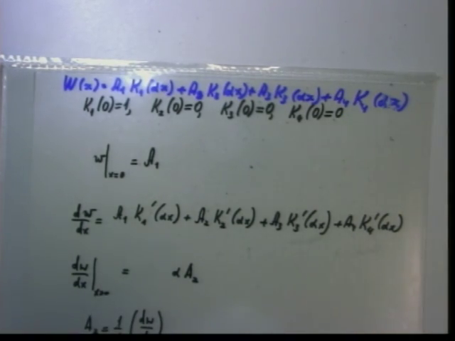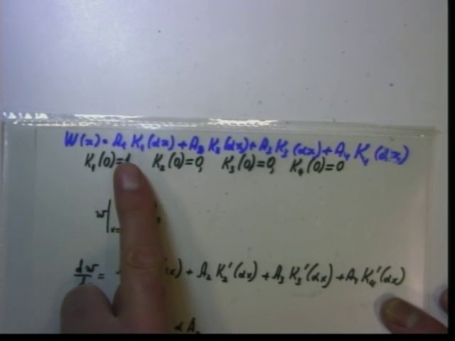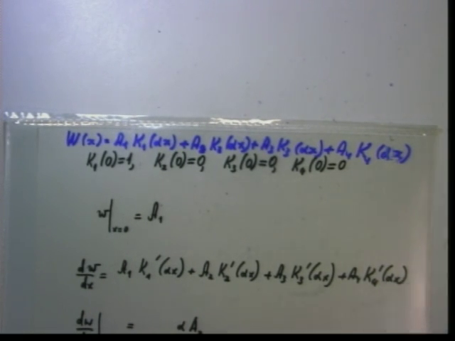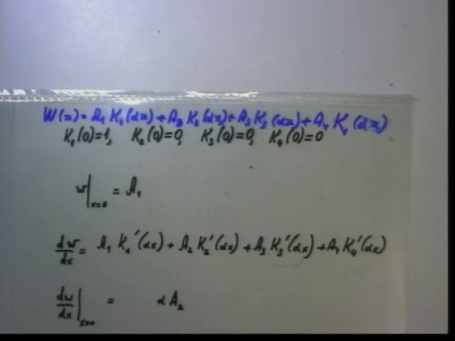Yes. So we will write it as follows. Look, please. A1 K1 alpha x. I will explain what it is. A2 K2 alpha x, A3 K3 alpha x plus A4 K4 alpha x. Before that I had B, but now I wrote A. It's okay.